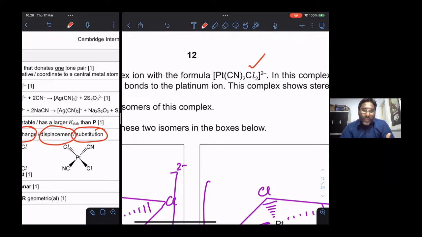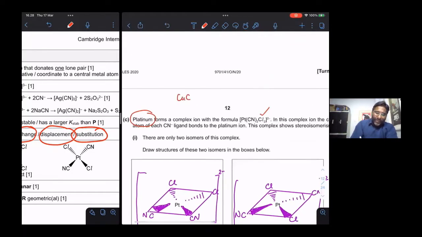But the moment you see CN, normally they tend to follow square planar, unless we are talking about CuCl4 2-, which will always follow tetrahedral. For Ni(CN)4, this is going to follow square planar. Please take note of this.